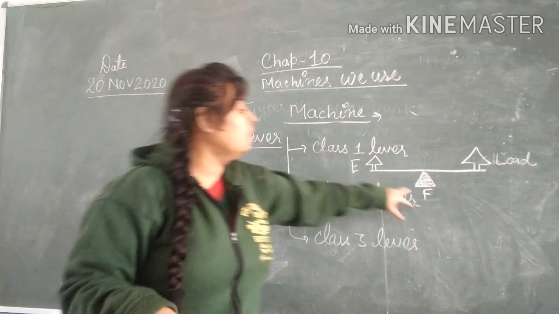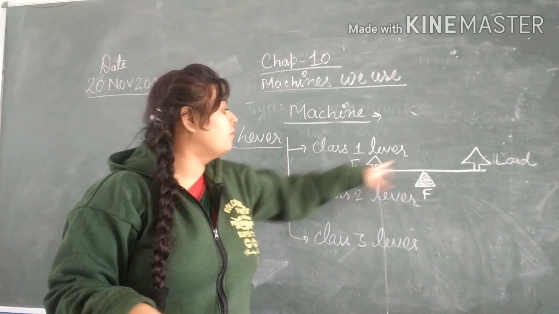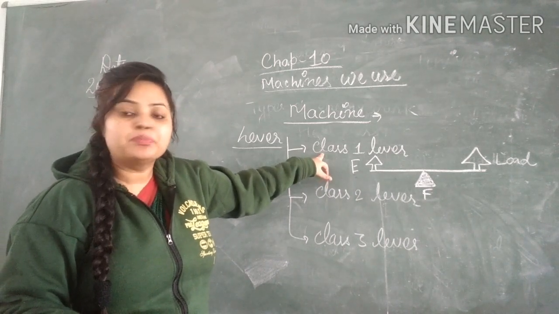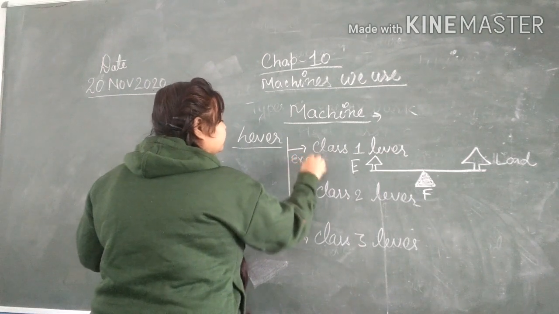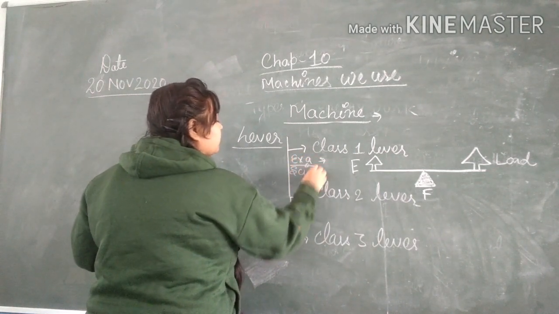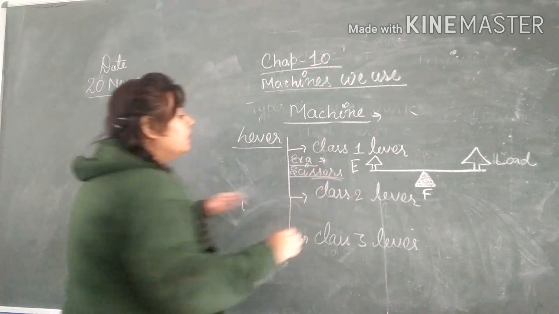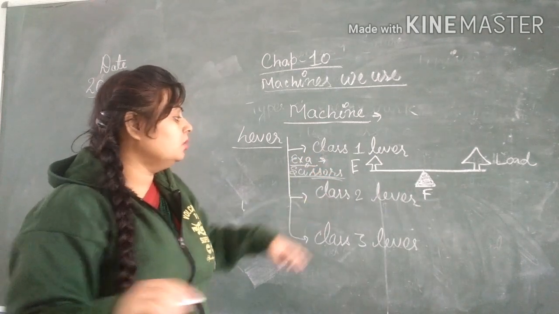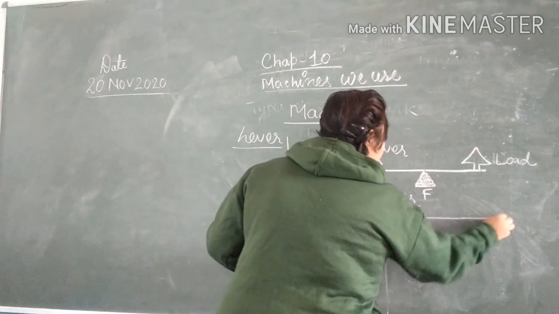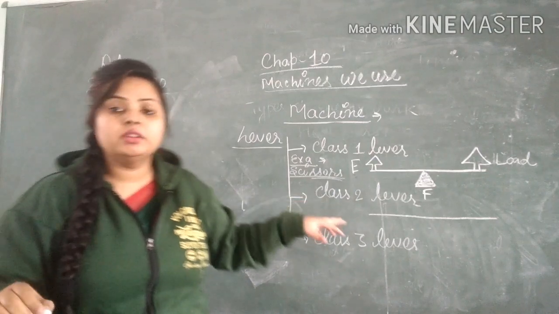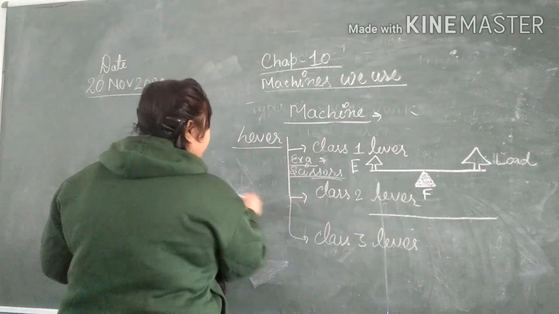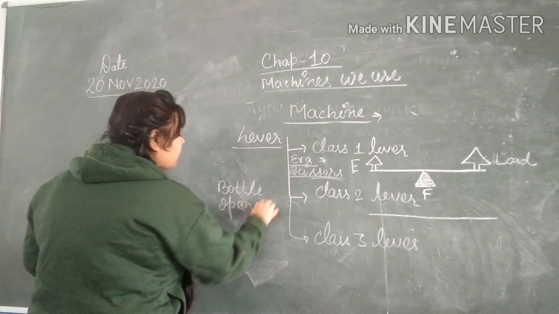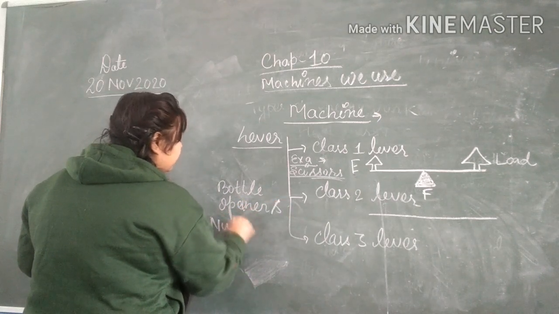So, when the fulcrum is just between the effort and load, a class 1 lever is formed. Examples are scissors, bottle opener and nutcracker.